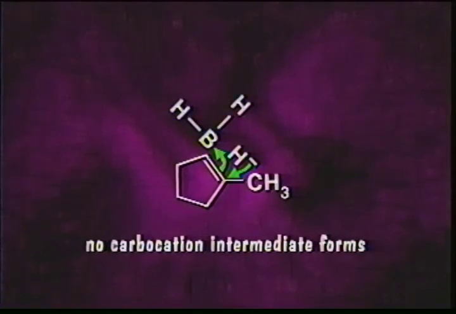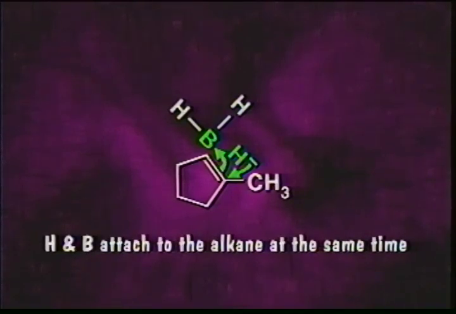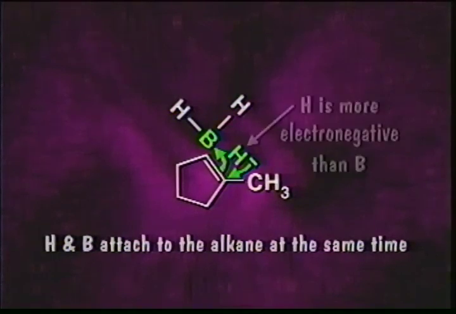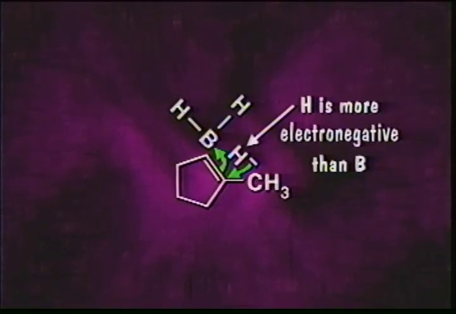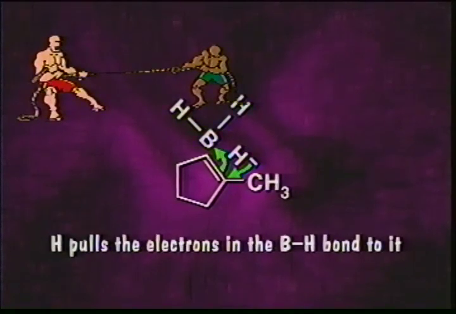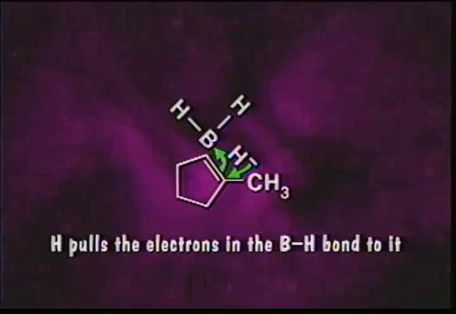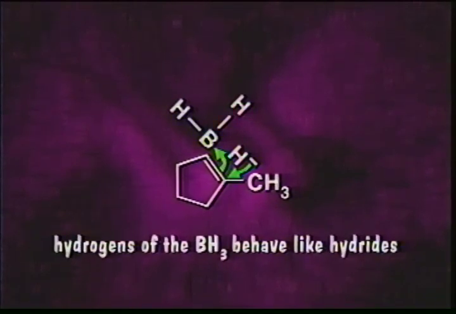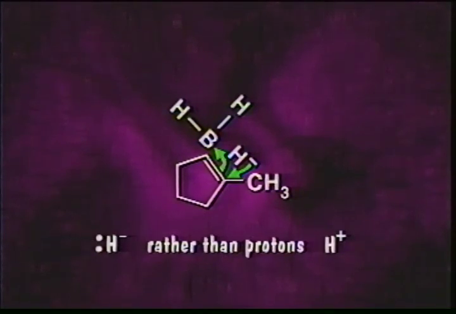No carbocation intermediate ever really forms, because the hydrogen and the boron are attaching to the alkane at the same time. The trick is that hydrogen is more electronegative than boron, so the hydrogen pulls the electrons shared in the boron-hydrogen bond more strongly to it. The hydrogens of BH3 behave like hydrides, H-, rather than protons, H+.